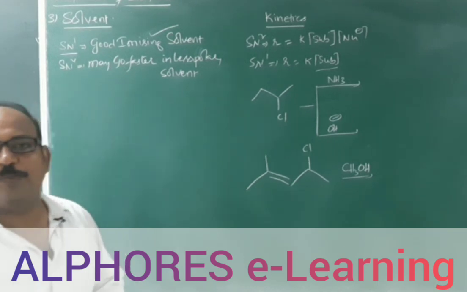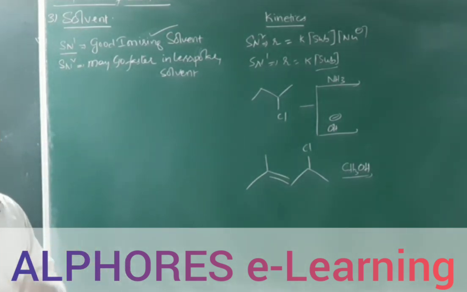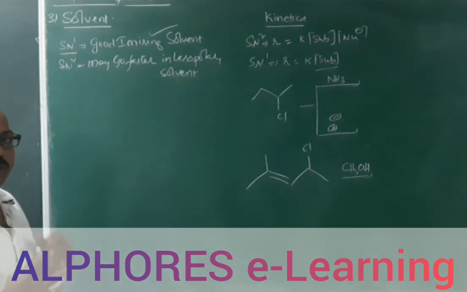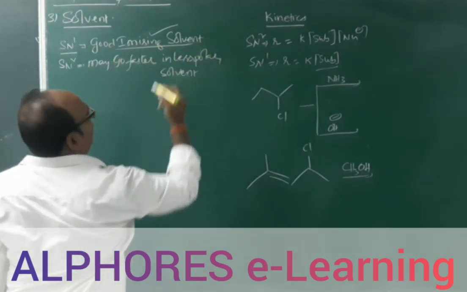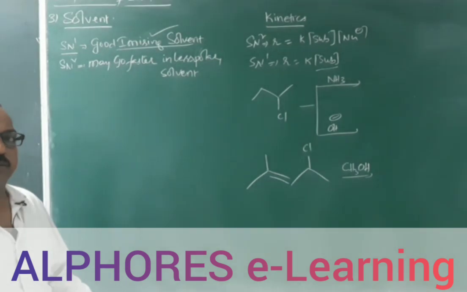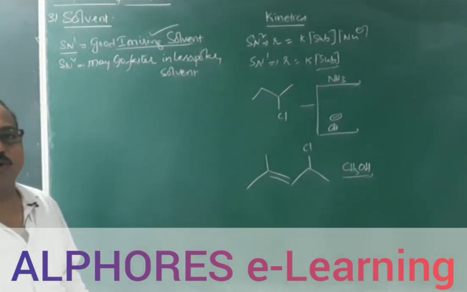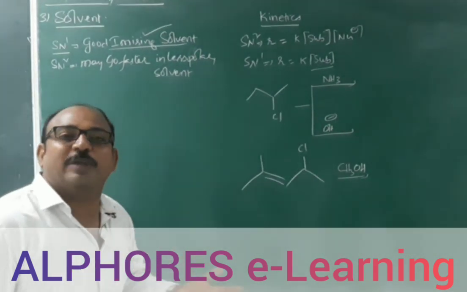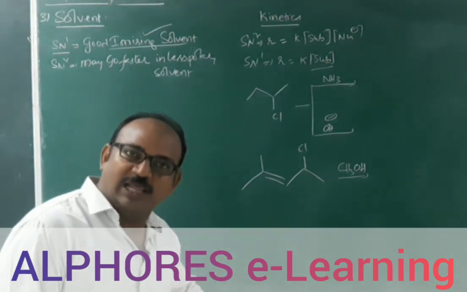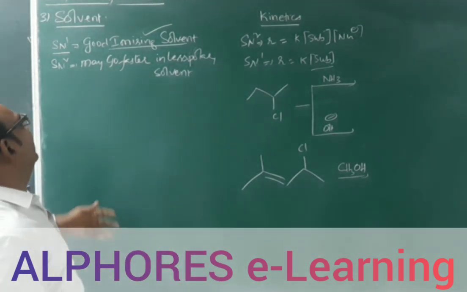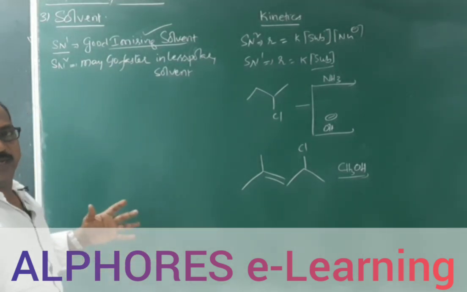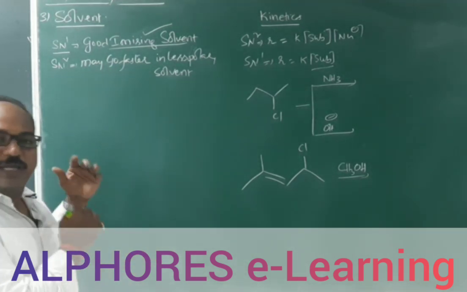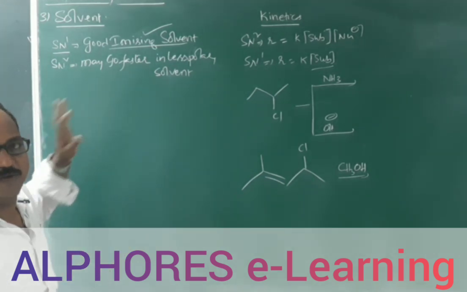More polar solvent means a solvent with a high dielectric constant. If we use a less polar solvent, the ease of formation of the carbocation will be less, and as a result the SN1 reaction does not take place that well. So we need a more polar solvent, or a solvent with a higher dielectric constant.